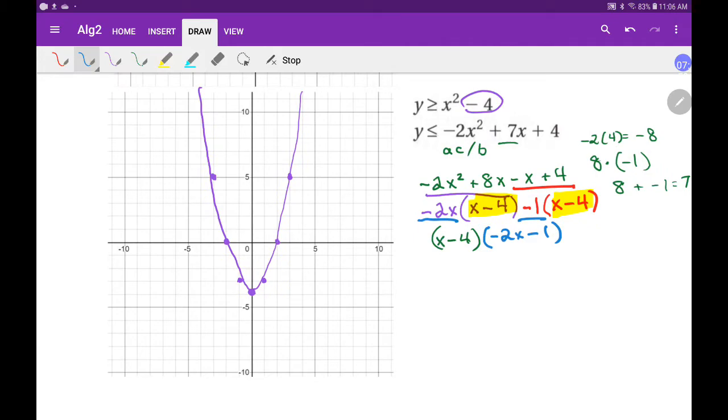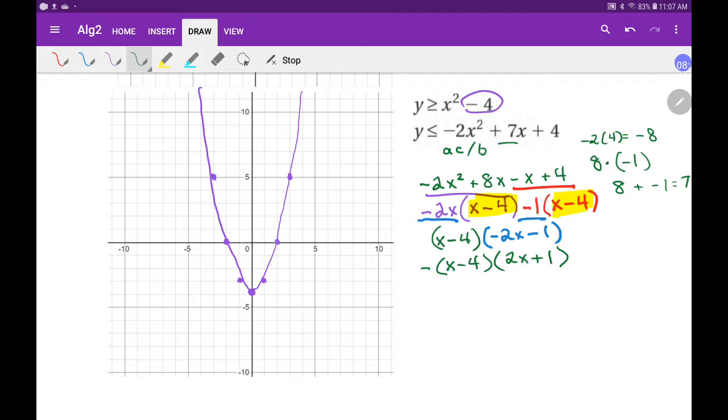The negative goes out in front, so we could take that one negative and put it out in front. We could say x minus 4, and then 2x plus 1. Or we could leave it the same. I just would rather have positives in there. Notice that I didn't change the first part. x minus 4 is unchanged. The one negative part I took out front. So however you want to do it.